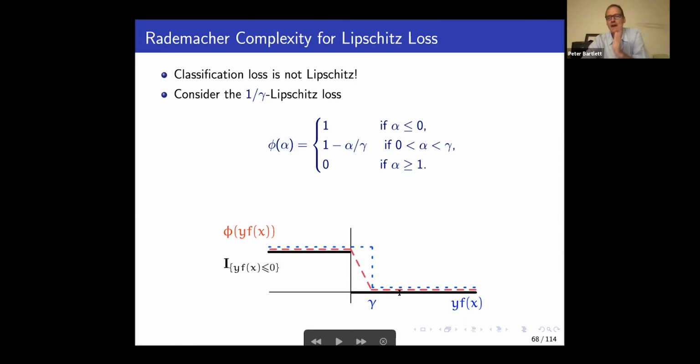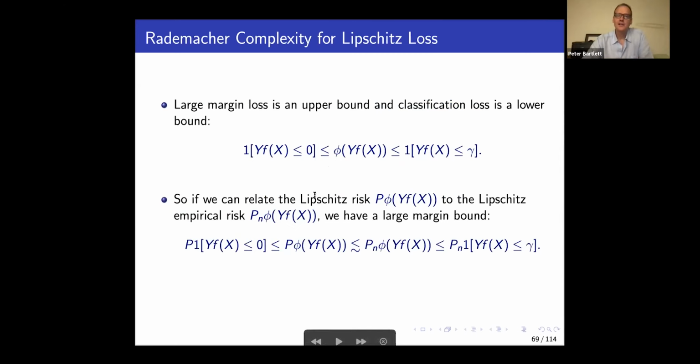Okay, so now we have these 3 loss functions floating around. We can compare them, right? When we're considering large margin loss, that's looking on the sample at points that have margins smaller than gamma and penalizing them. Well, that, as we saw in the diagram, is an upper bound on this Lipschitz loss. And that Lipschitz loss is an upper bound on the misclassification indicator, right?